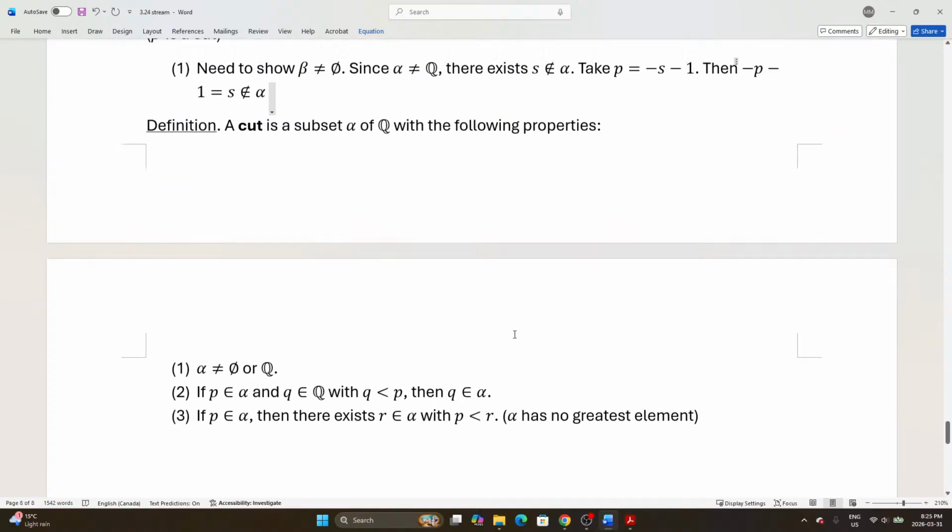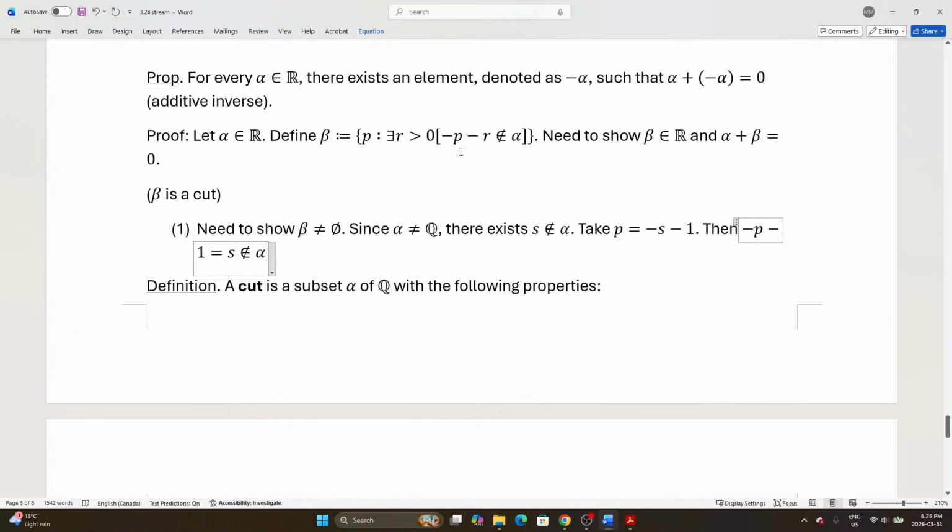Okay, what is the definition of beta? I forgot about that.